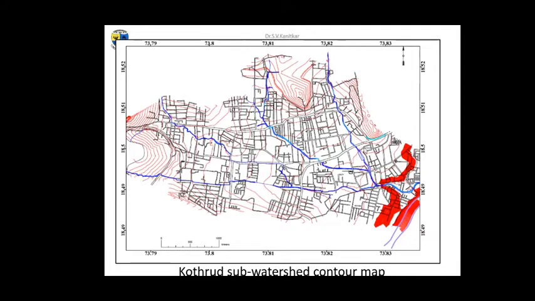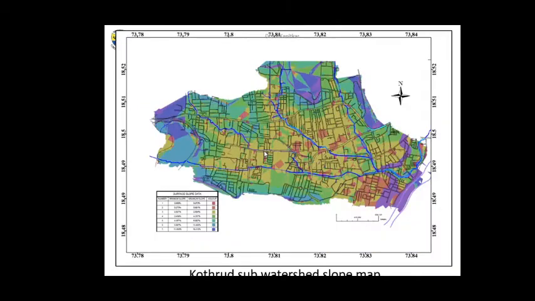Here is the sub-watershed of a Kothrood basin extracted, and in that the road network, and now you are ready to design a storm drainage network part by part, which will further add discharge to those natural streams. These natural streams then will collect this discharge to the main river stream. Over here it's Mutha river. So likewise, design is generally done.